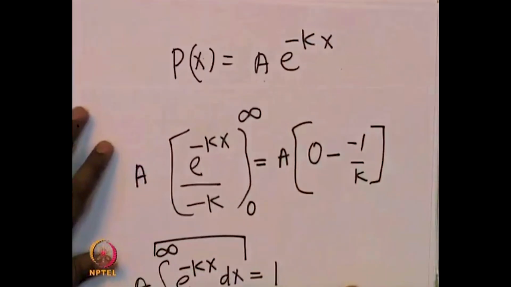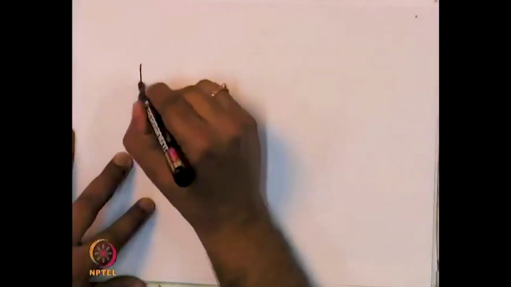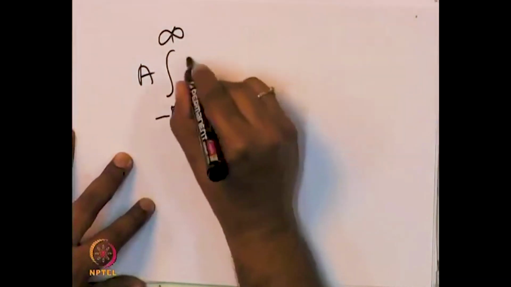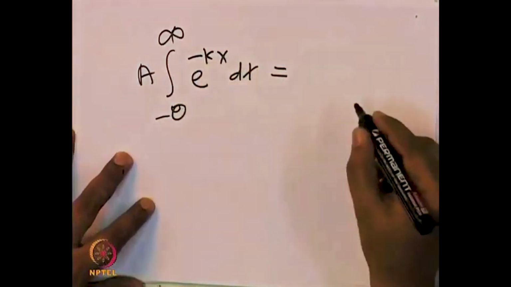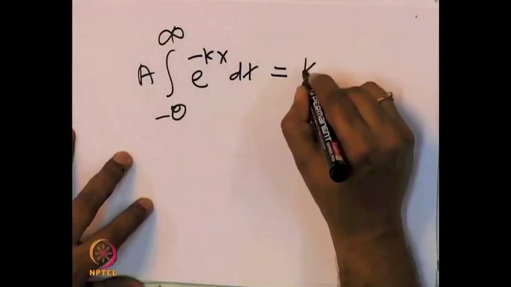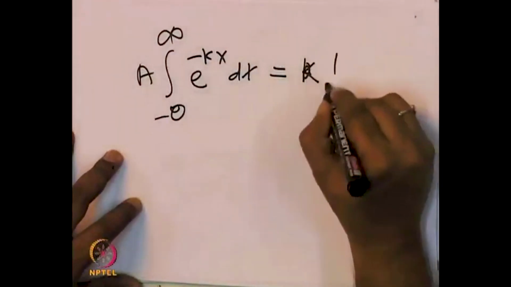So, for the integral of p of x dx, a times the integral from 0 to infinity of e power minus kx dx, sorry, the answer is 1 over k.